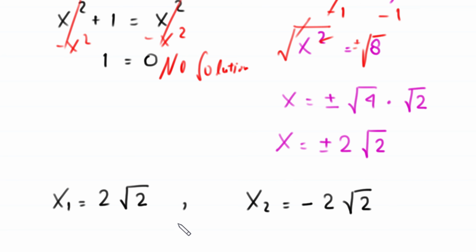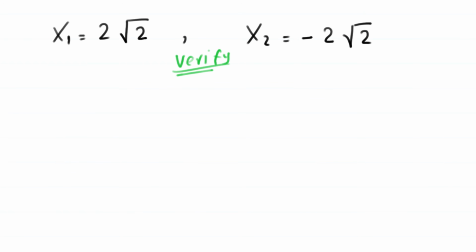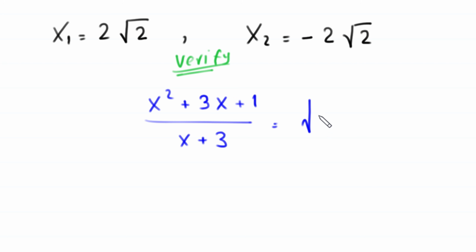Now let's verify these solutions. To verify, we use the original equation: (x squared plus 3x plus 1) divided by (x plus 3) equal to the square root of x squared plus 1. We verify the first one.